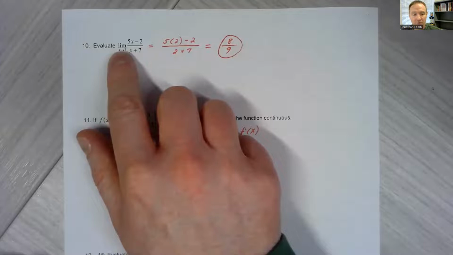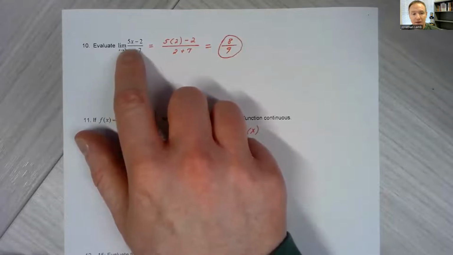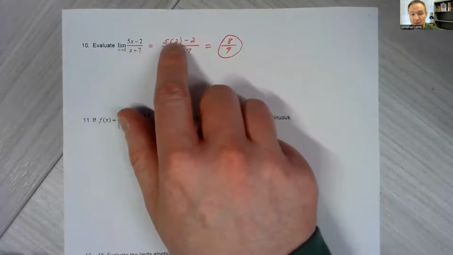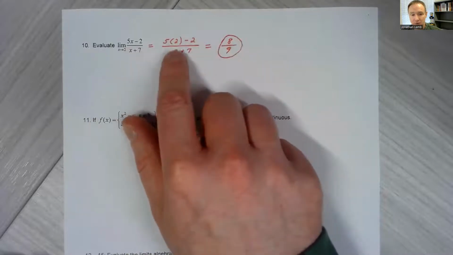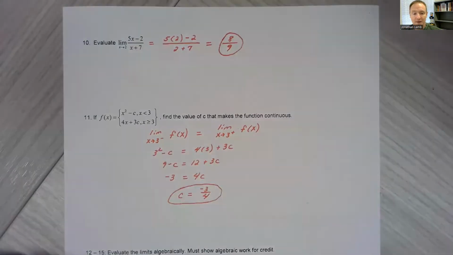So if I ask you to evaluate the limit as x approaches 2 of even this rational function, you just plug it in. You'll get (5 times 2 minus 2) over (2 plus 7). That gives me 10 minus 2, which is 8, over 2 plus 7, which is 9. 8 over 9, that answer would be fine.